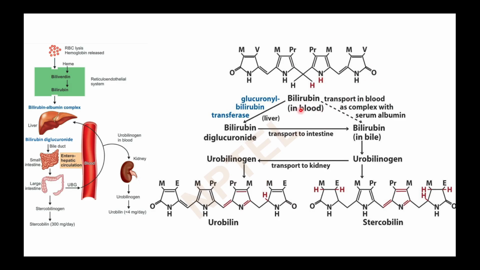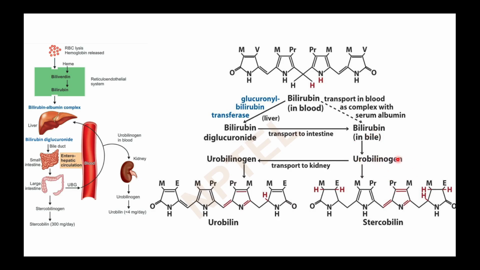So bilirubin, I told you, in the liver gets converted into bilirubin diglucuronide by the enzyme glucuronyl bilirubin transferase. This bilirubin diglucuronide again is transported to the intestine, and in the bile it is secreted, and it gets converted into urobilinogen.